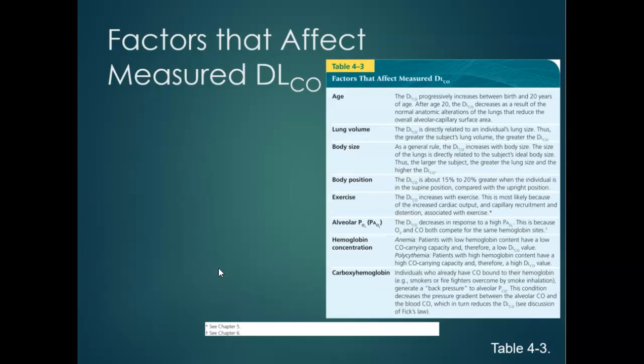And then carboxyhemoglobin, for people that already have carbon monoxide bound to their hemoglobin before the test, like smokers. This is another reason why we tell smokers they're not allowed to smoke before their pulmonary function tests. These conditions would potentially reduce your DLCO levels as well.